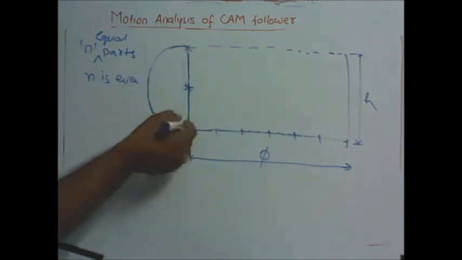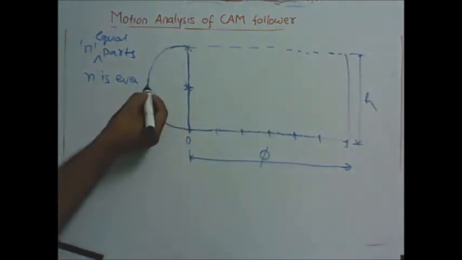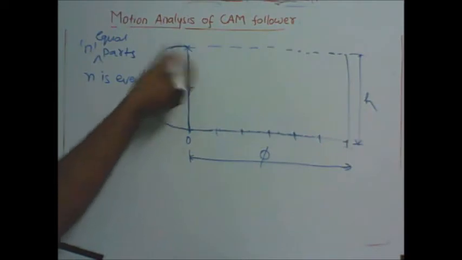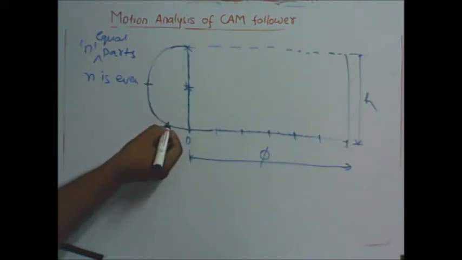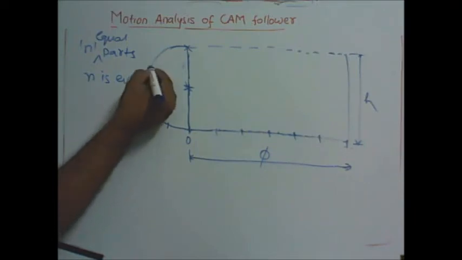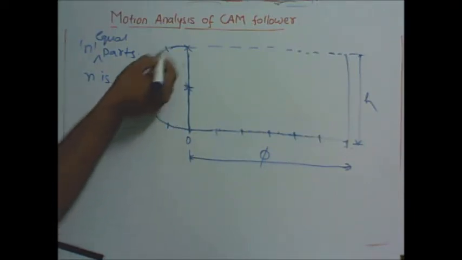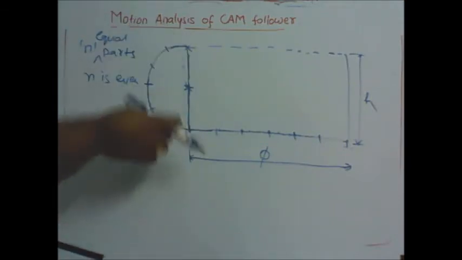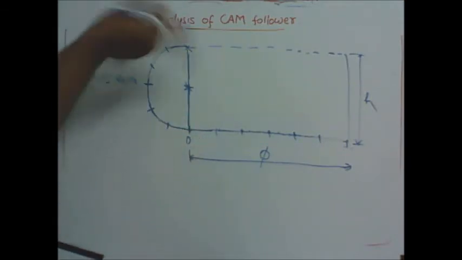Similarly, we will divide the harmonic circle as well into 6 parts. This will be the midpoint of the total semicircle. So 1, 2, 3, 4, 5, 6. We divide this arc into 6 equal parts.